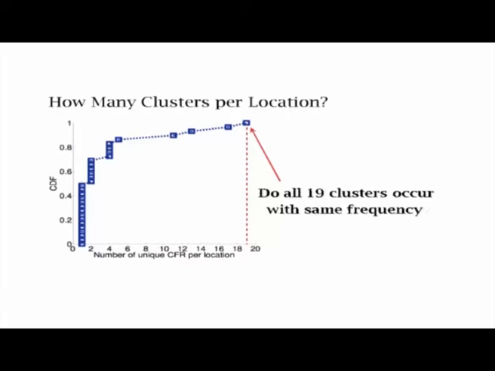So the next question which can be asked very clearly: okay, we are getting 19 clusters, but are all the clusters equally dense? What is the meaning of equally dense?